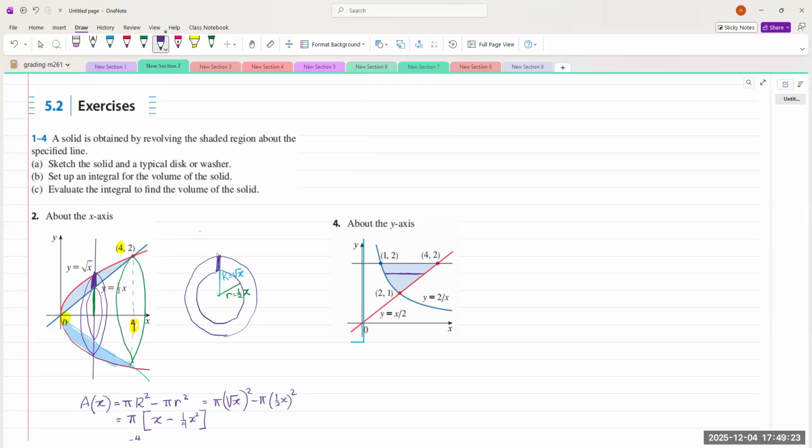The typical line has to be perpendicular to that y-axis, the axis of rotation. Now I will rotate this segment here. It becomes like this, approximately.